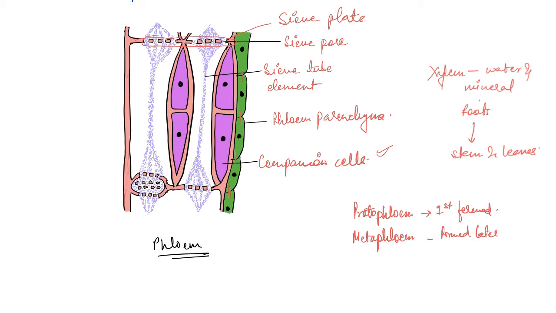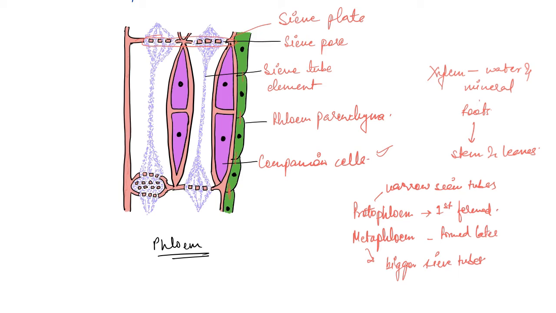So the protophloem has narrow sieve tubes, and metaphloem has bigger sieve tubes, right? So these are the two very important elements that we'll see in the next videos, when we'll see the diagram of a monocot and a dicot leaf, or diagram of a monocot or a dicot root, wherein we'll study different structures, which include xylem and phloem as well.